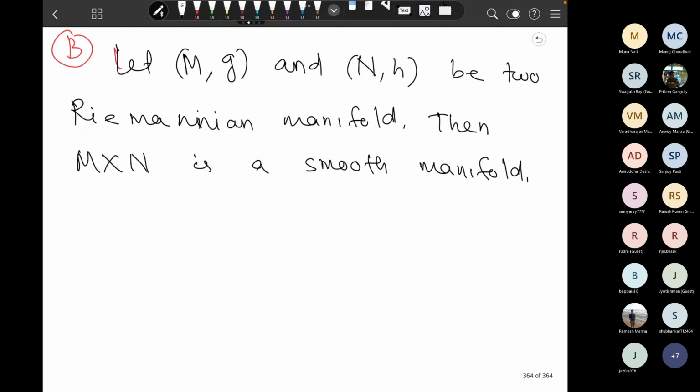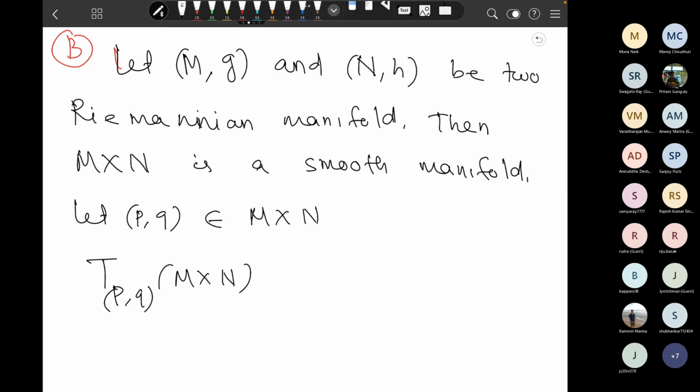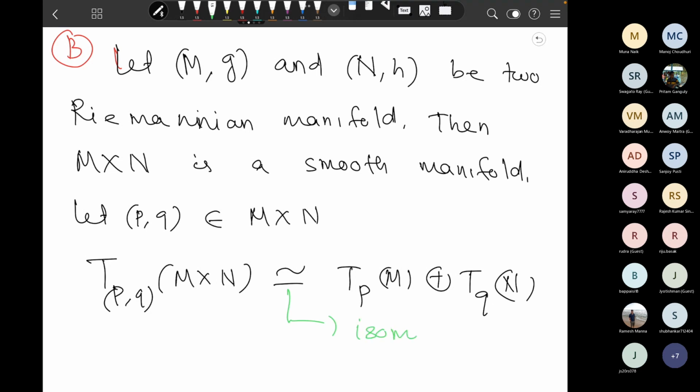Now let P, Q belong to M cross N. Then you can look at the tangent space at P, Q of M cross N. This is really isomorphic to TPM plus TQN. This is a result in differential geometry. You can try this. This is also not difficult. So this is a vector space isomorphism.